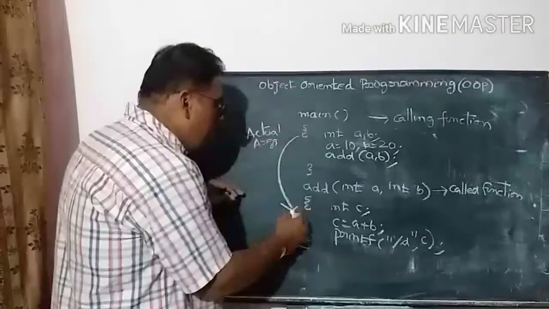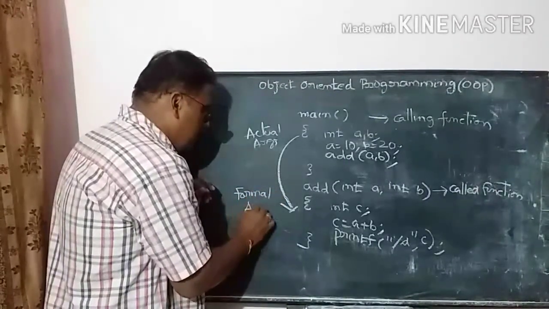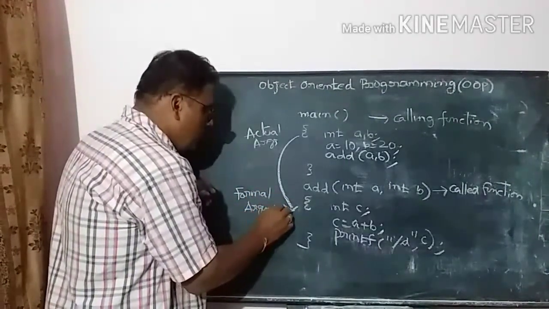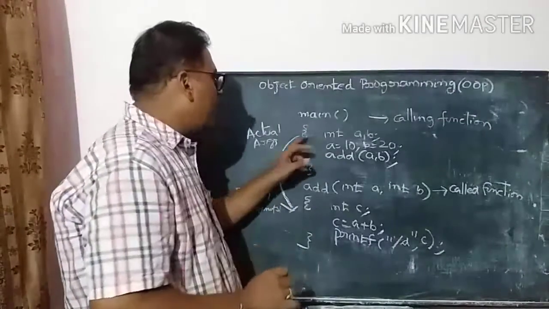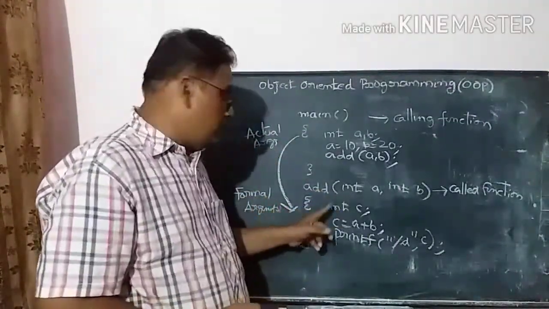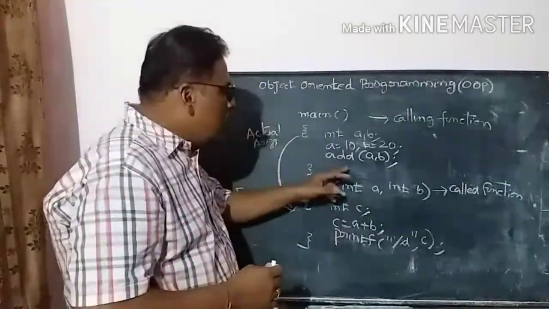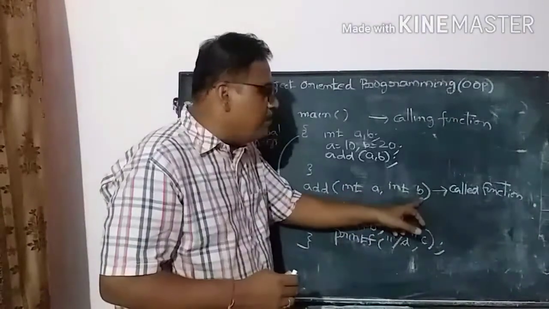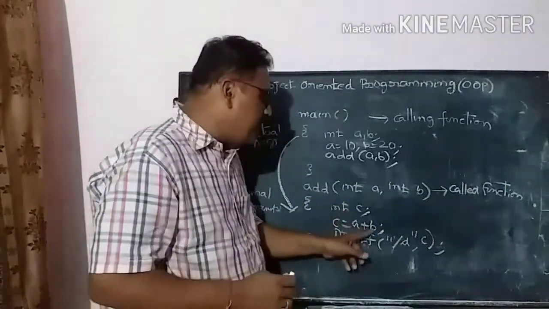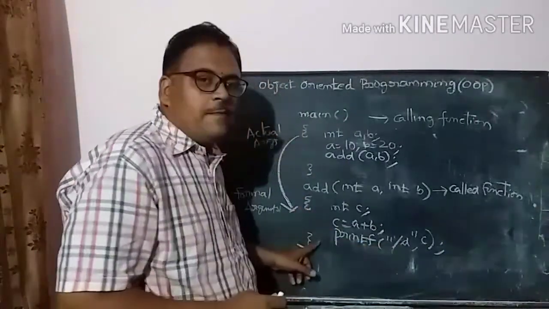Here a, b are called formal arguments. Variables in the main function are called actual arguments. Variables in the add function are called formal arguments. So here a is 10 and b is 20. c equal to a plus b, and the value of c is displayed in this function.